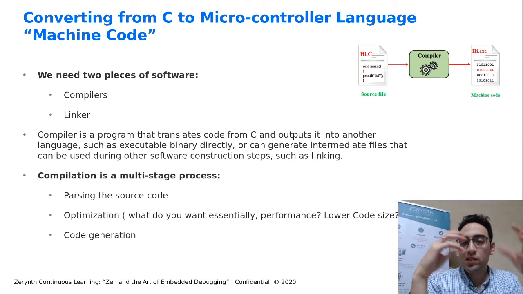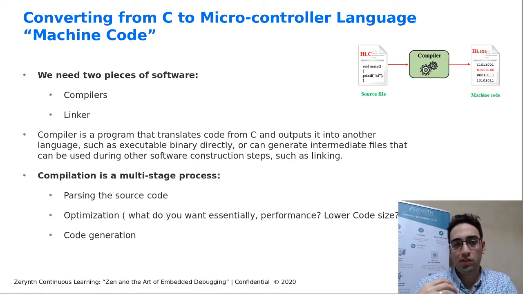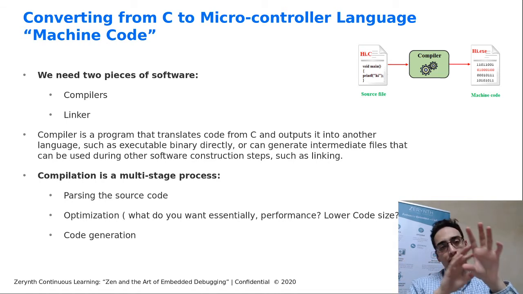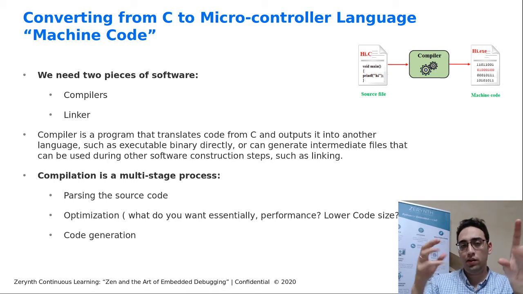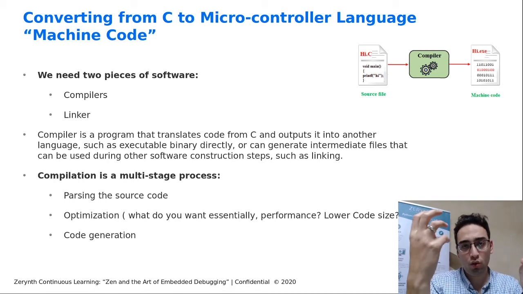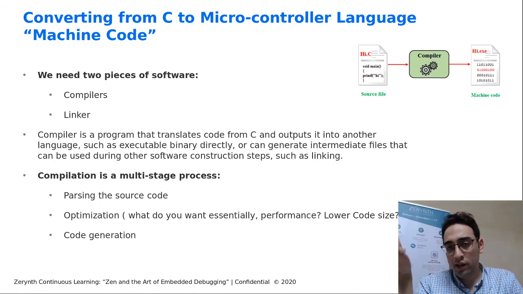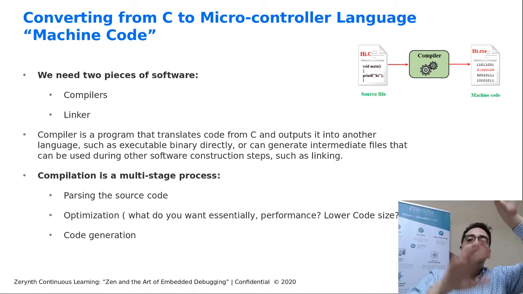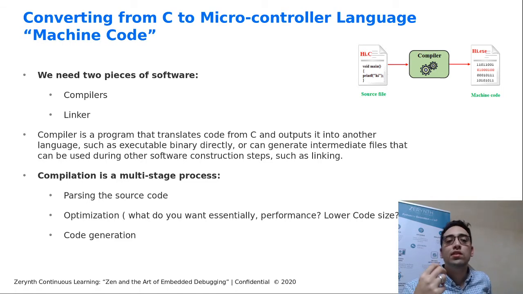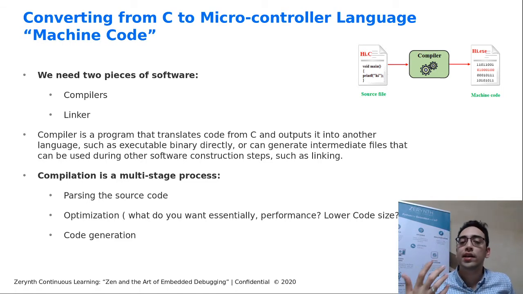So simply, our C source files go to the compiler, and the compiler outputs an object code. Then these object codes go to the linker, and then the linker links many object codes and produces the machine code. This code is what the microcontroller understands, essentially.